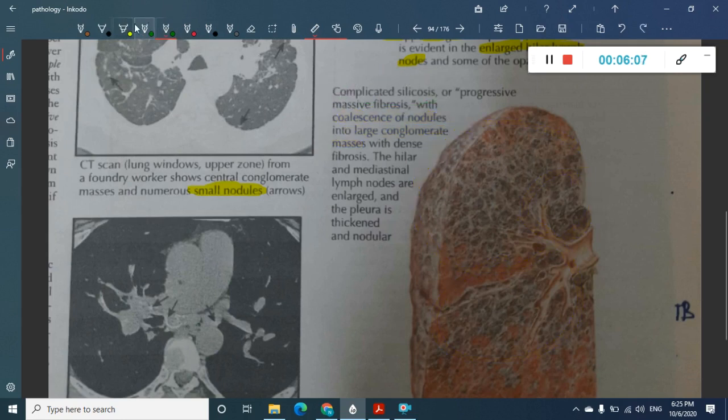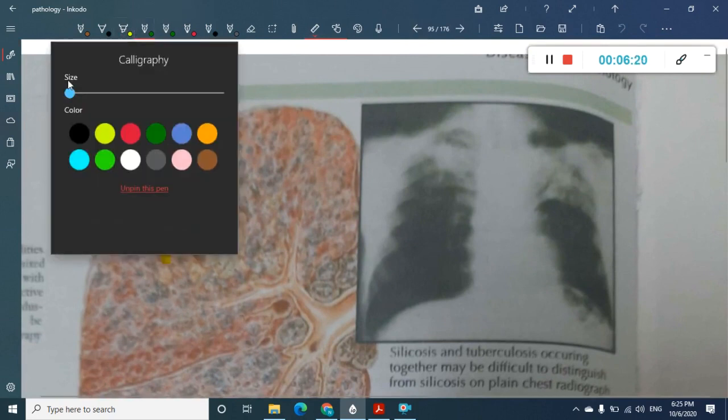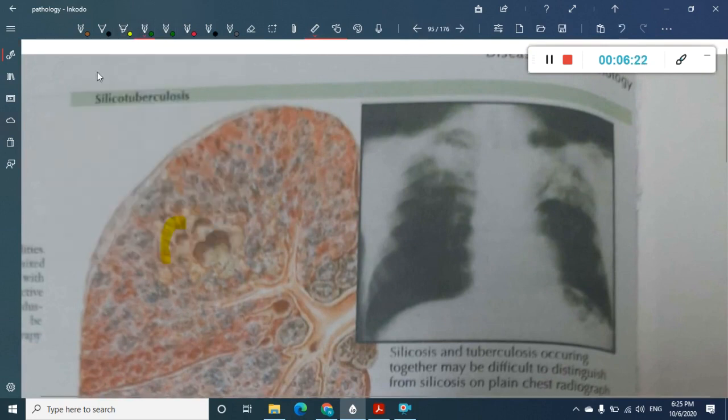Okay, now, you have seen these things, right? You have hilar lymph nodes also. Next, this is silicotuberculosis. If you remember, silicosis is most commonly associated with tuberculosis.